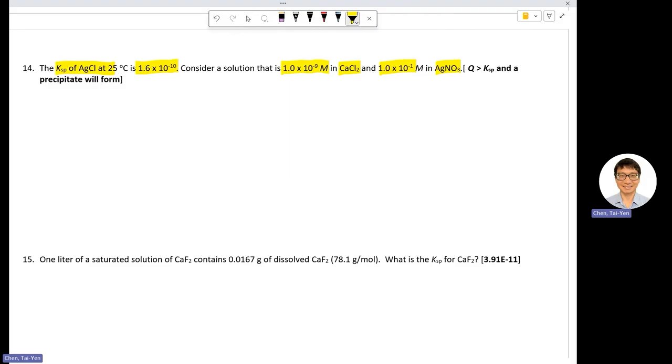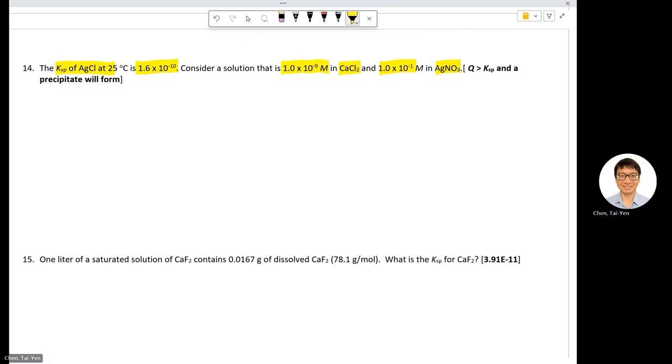The first sentence of the question tells you the Ksp of a specific species. Okay, and then the second sentence tells you the concentration of each individual reactant, right? So that is the typical structure you're going to see for these Q versus Ksp type of questions.